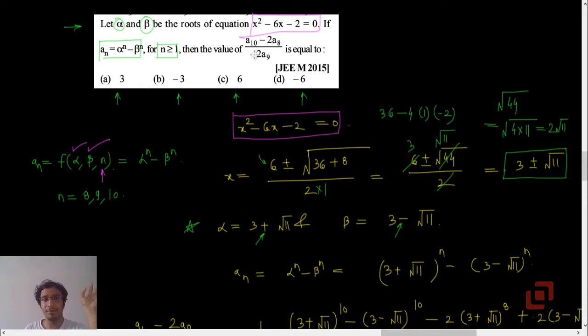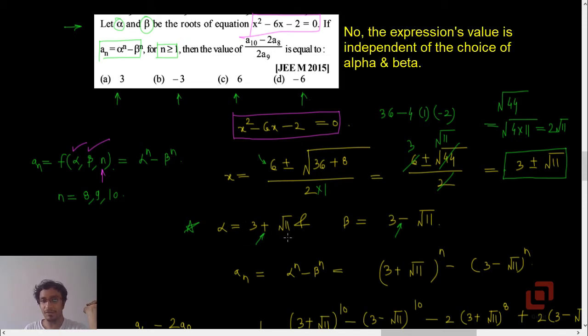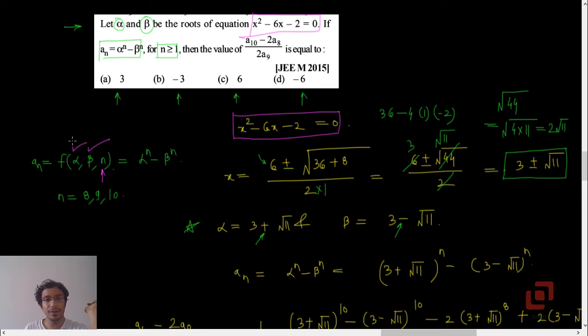Otherwise whatever value you get may change its sign. So take alpha as 3 plus root 11 and beta as 3 minus root 11. Once we know the values of alpha and beta, an is a function of n only: 3 plus root 11 raised to n minus 3 minus root 11 raised to n.